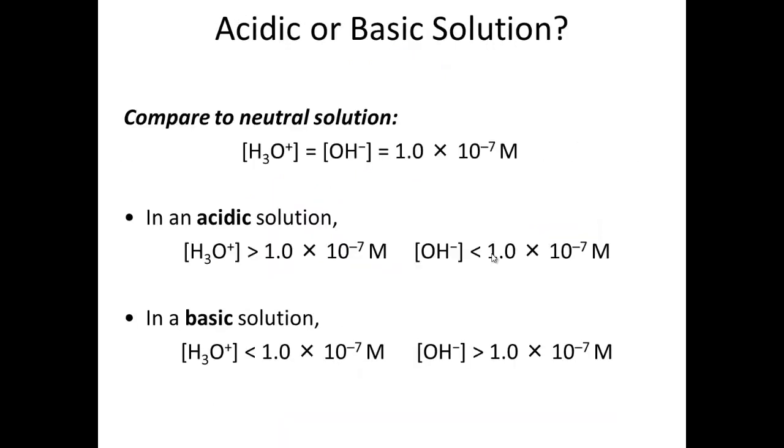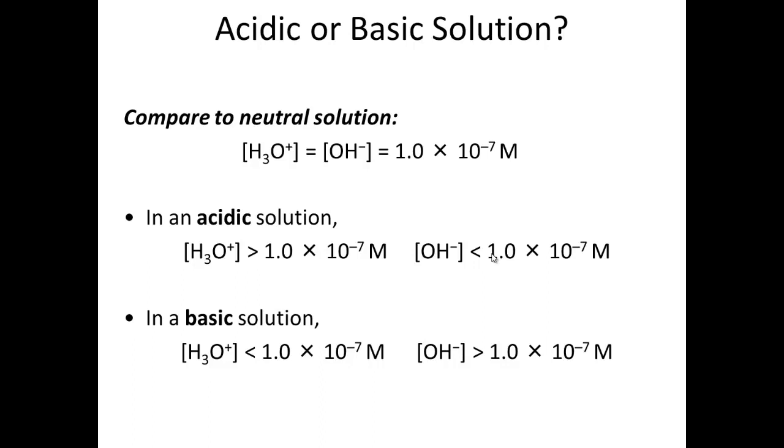When we want to figure out if something is acidic or basic, other than using litmus paper, we can measure or calculate, and compare our values to the neutral solution. In an acidic solution, you would expect more hydronium ions than in a neutral solution, so the hydronium concentration should be greater than 1.0 times 10 to the negative 7, and the hydroxide would have to be less than 1.0 times 10 to the negative 7.